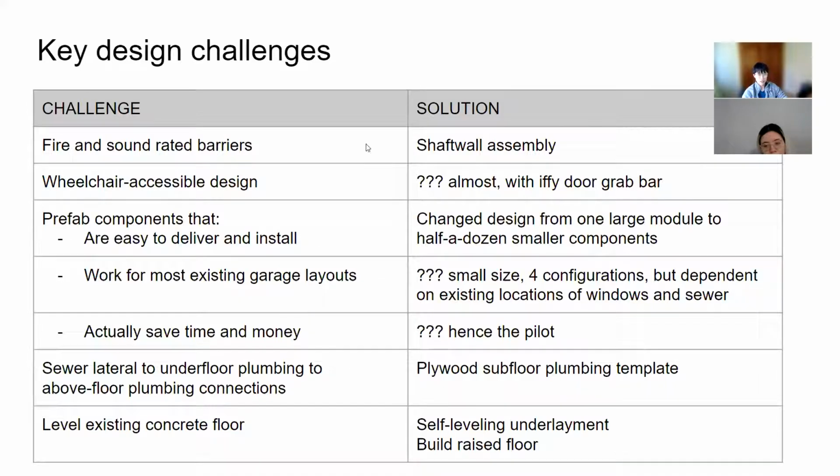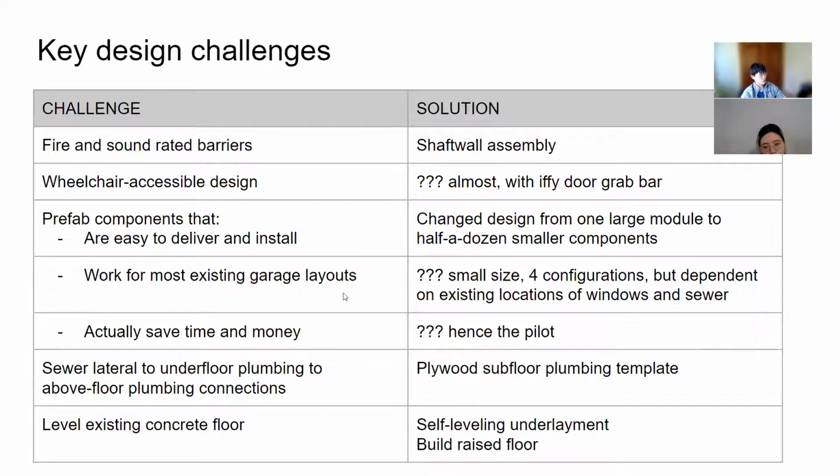For these goals for the prefab components, for them to be easy to deliver and install, I think the main choice we made was to go from a single large module, which definitely would have to be brought in by forklift, to these smaller components that people can pick up off of a trailer bed.